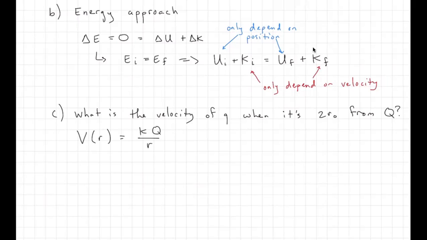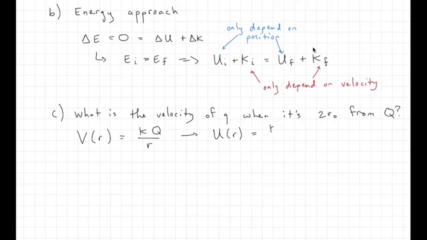As a reminder, what that means is it's the potential difference between infinity and the point R. Then we can also write the potential energy function as a function of R for little q, just by multiplying by little q, because that's our definition of the difference between potential and potential energy.